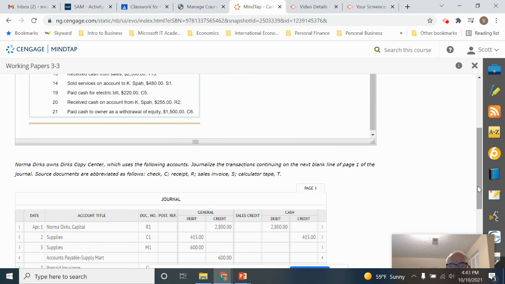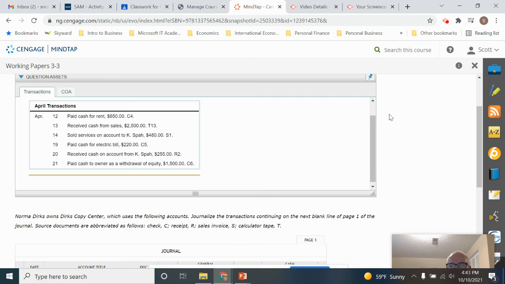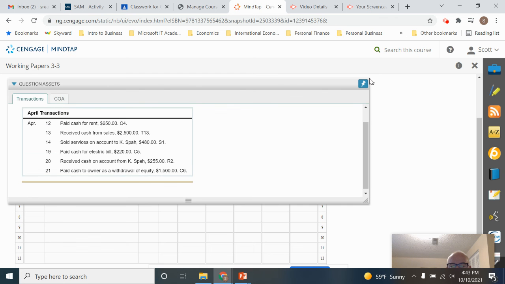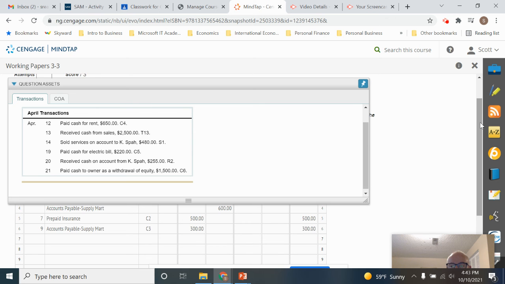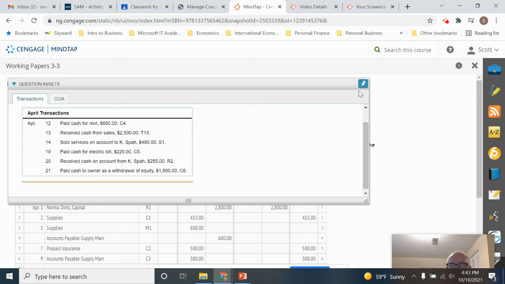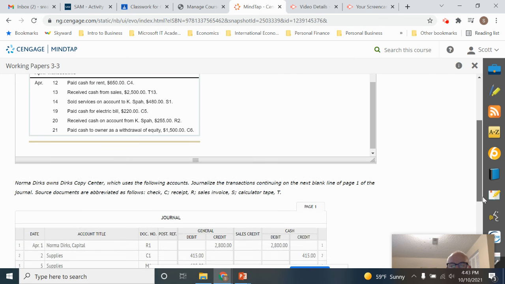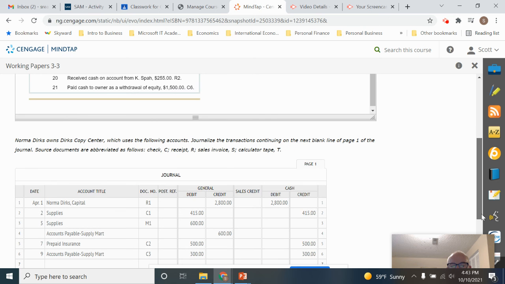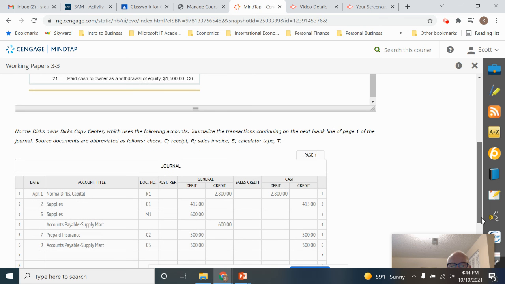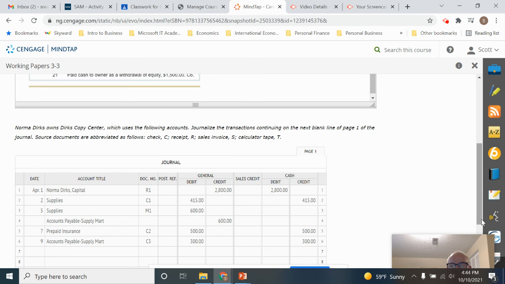And we're back to Norma Dirks. I'm going to pin this again. I just wiped out the instructions. Good job, Reardon. Let's go back and read those again. We use check for C, receipt for R, sales invoice S, calculator tape T. CRST, can you remember that?